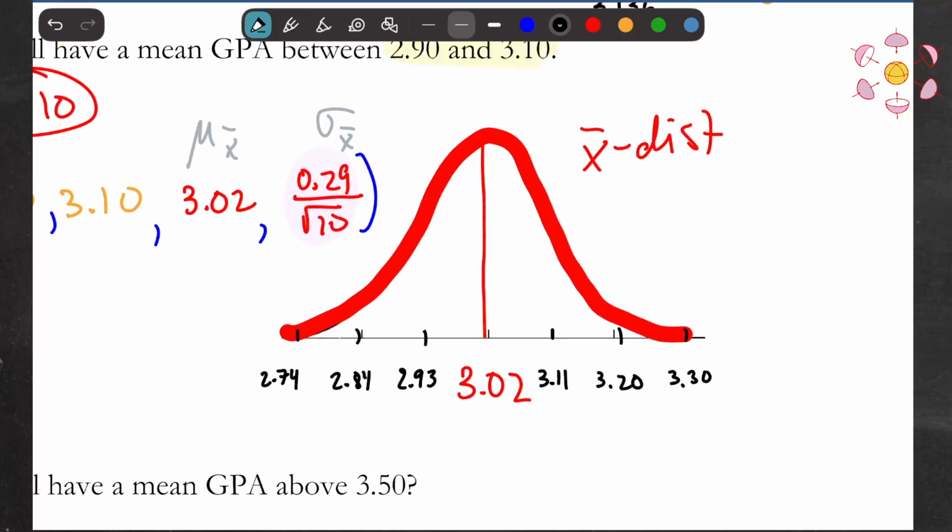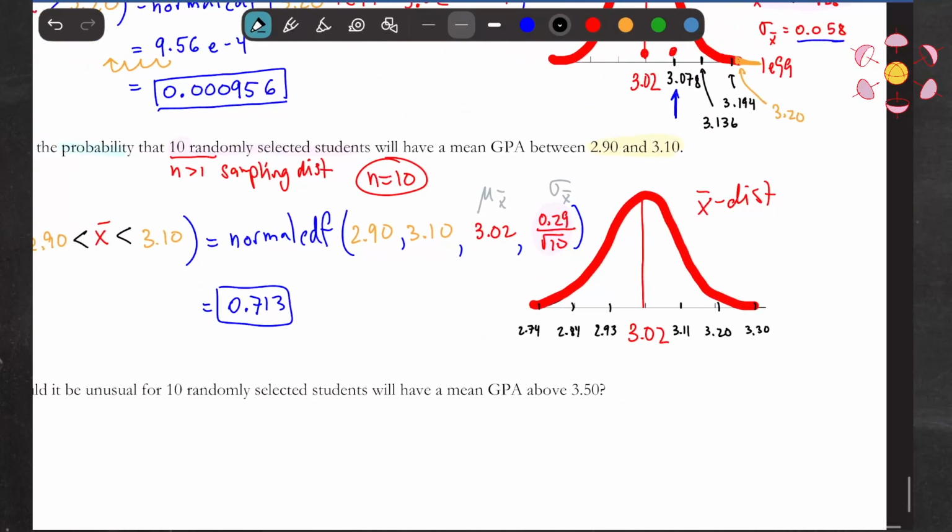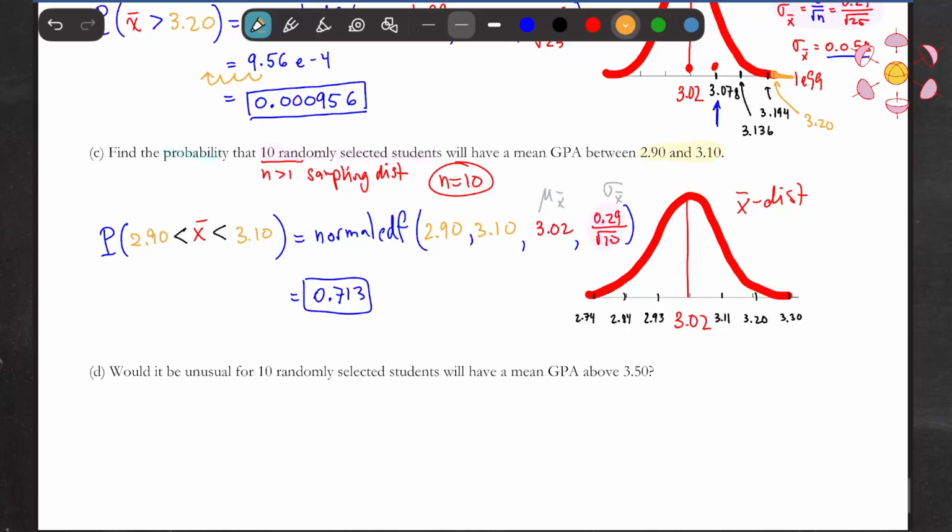Okay. So what we're saying is in a group of 10 students, their GPAs are between 2.9. So a little bit over here, let's say that's our 2.9. And then 3.10, so a little bit over here. So let's shade it.